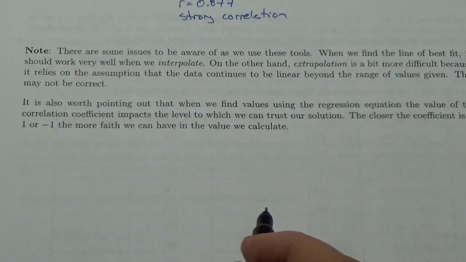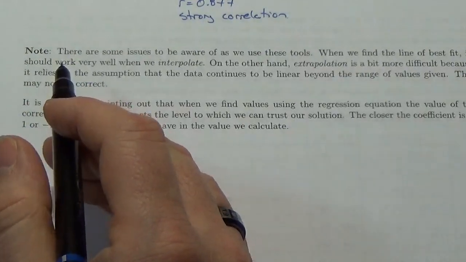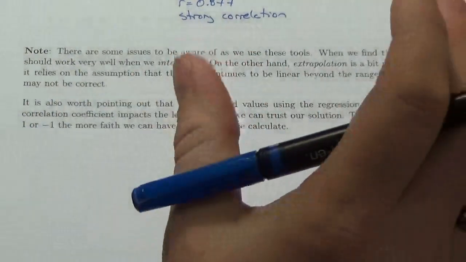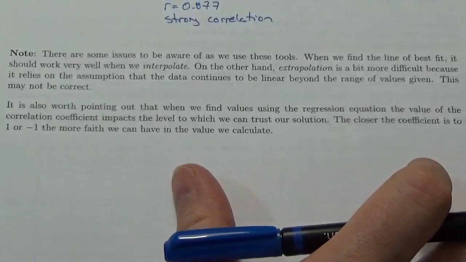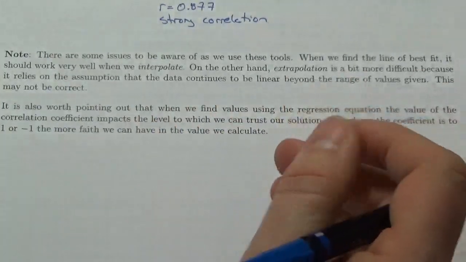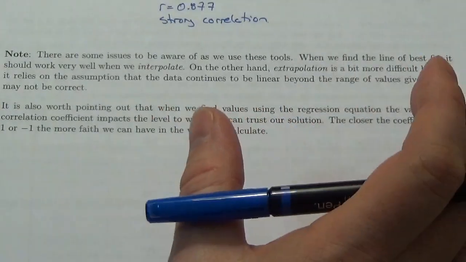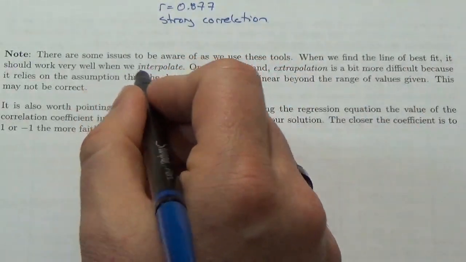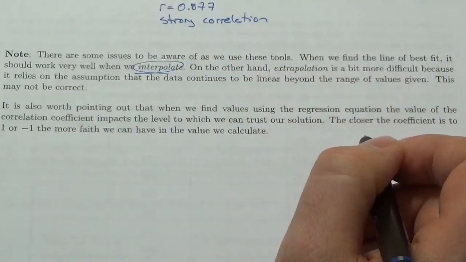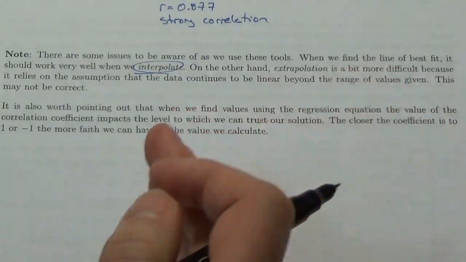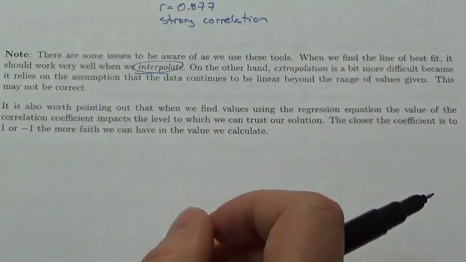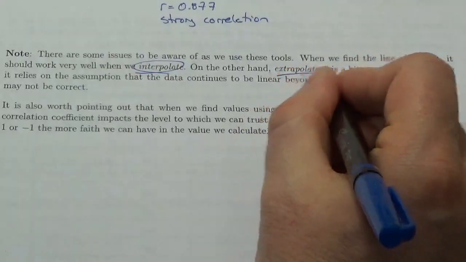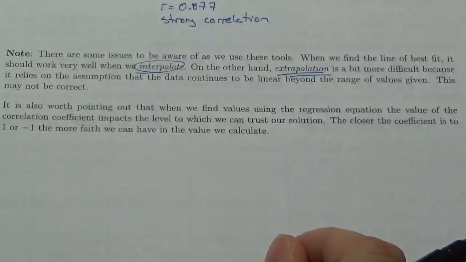Okay, everybody, one more thing before we go here, just a couple of notes. So when you use a line of best fit to analyze the relationship between two bits of data there, that line of best fit should work really well when you're trying to interpolate or find data values in between known data values. But extrapolation, that's problematic, okay?